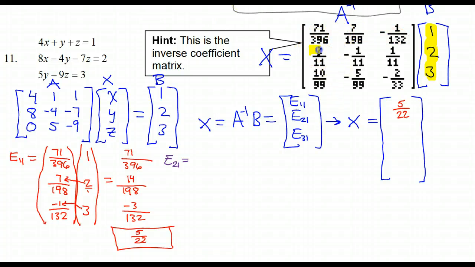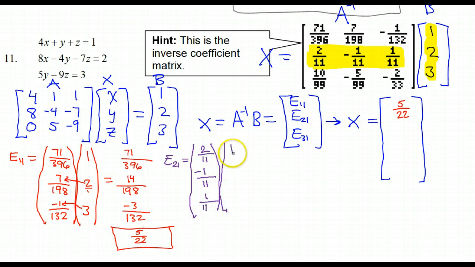Okay, so now we're dealing with row 2. So here we go. That's 2 over 11 and negative 1 over 11 and 1 over 11. That's row 2. Alright, of course column 1 is 1, 2, 3.